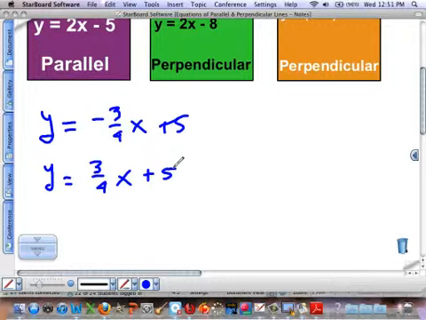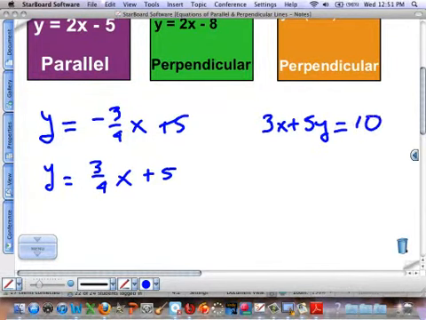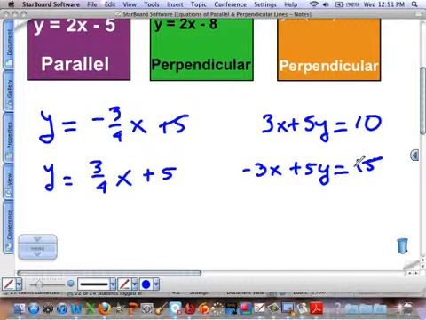Now, what if I gave you an equation like this? Parallel, perpendicular, or neither. How would you determine that? Bailey? Well, you would subtract 5y.